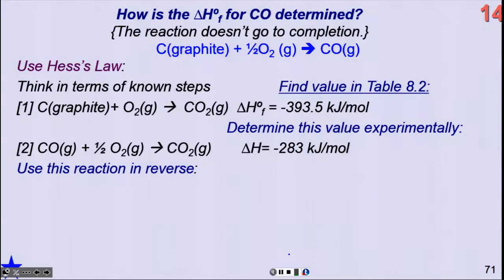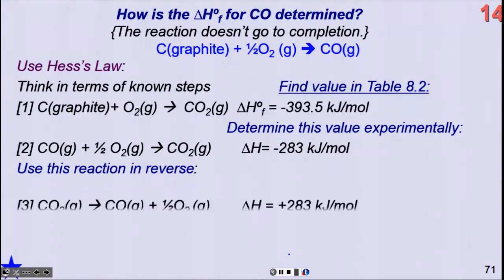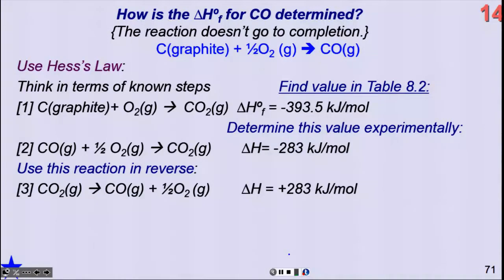And then what do we do? We're going to have to take that reaction in reverse to end up with a net process that doesn't include CO2. So reverse that one and put CO2 now on the reactant side instead of the product side, because what we want to end up with is this process here, and there's no CO2. We've got to get rid of it. We're going to use this reaction that has graphite in it as well.